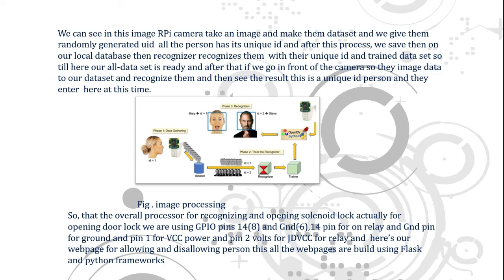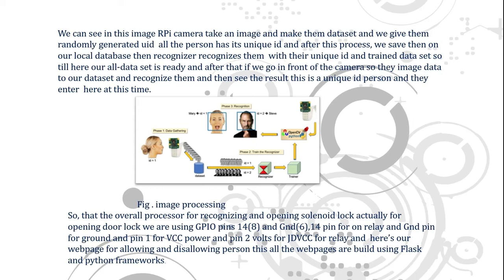After providing the unique ID, it recognizes them and trains the data set. After that, when any person who has data in our system or local server comes in front of the camera, it captures them and easily recognizes them, checking whether this person has data on our server or not.